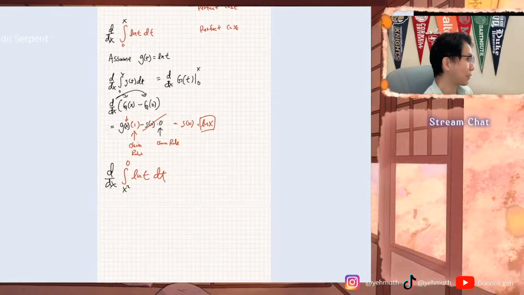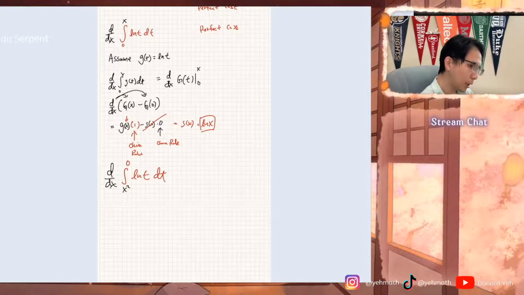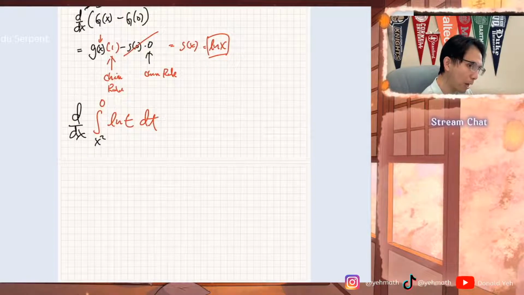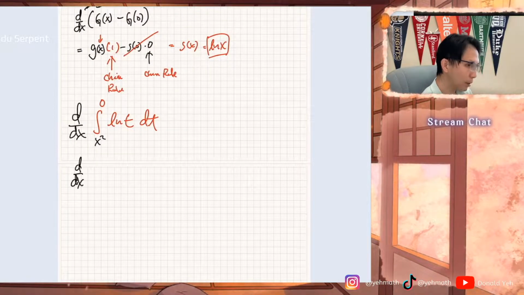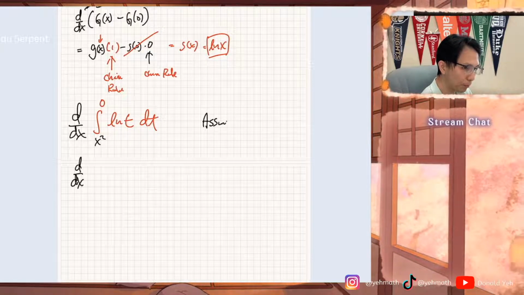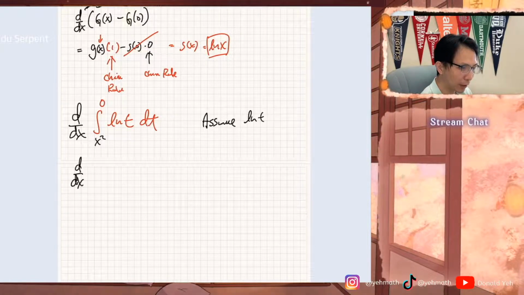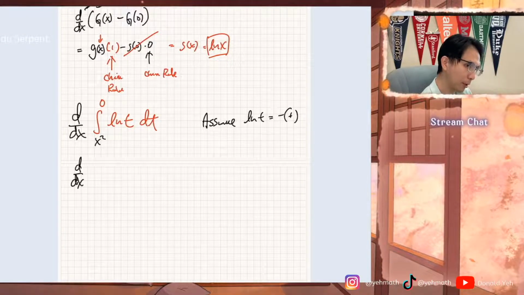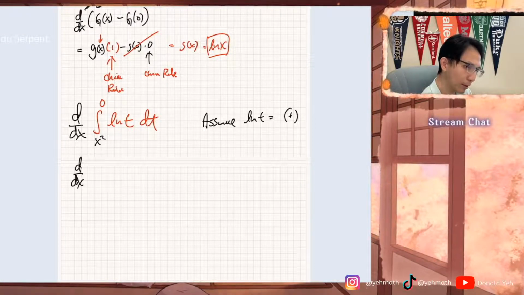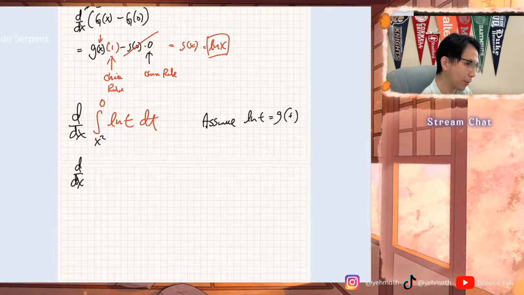We're going to do the exact same thing as before. d/dx, and we assume natural log of t is equal to g of t. This is such an important step. We're going to use g still, so we're not changing it too much.